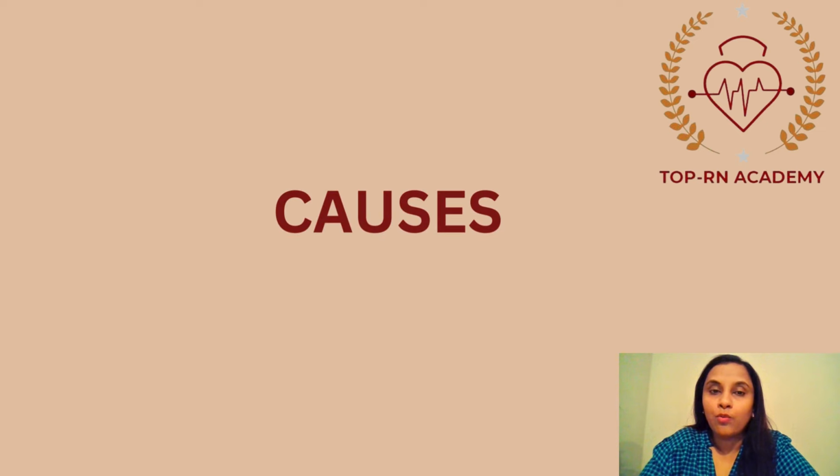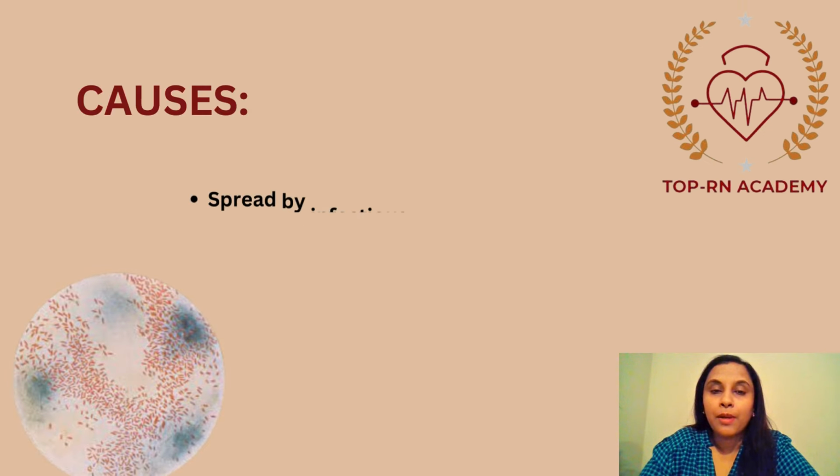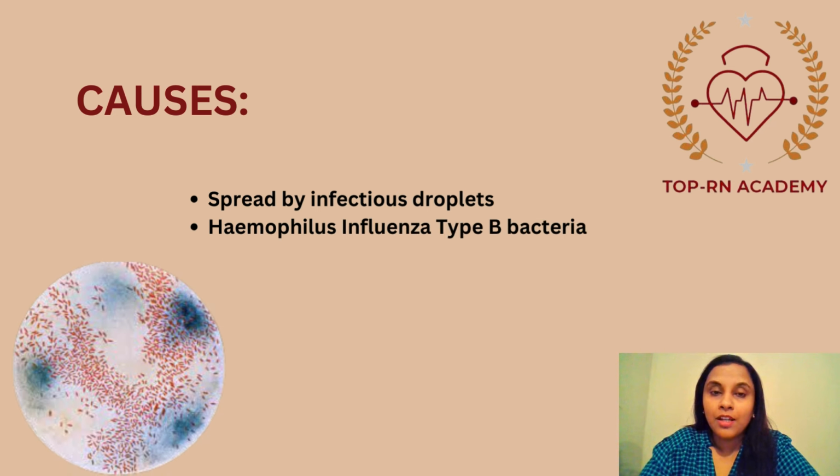So let's find out what are the causes of epiglottitis in children. It usually affects children. It is spread through droplets, and the causative organism of epiglottitis is Haemophilus influenzae type B bacteria, the main cause of epiglottitis.